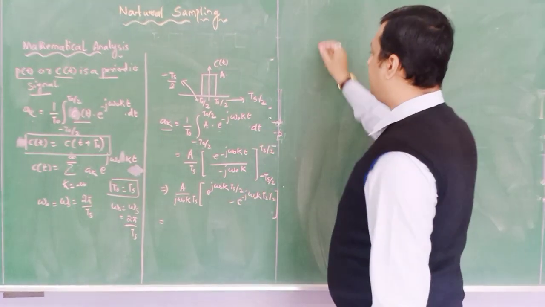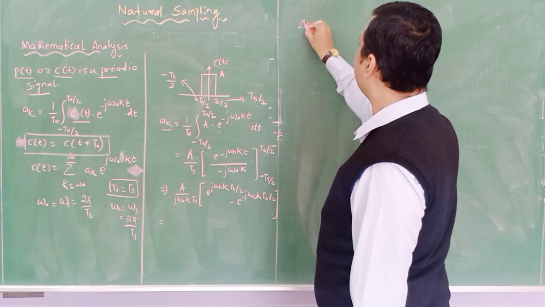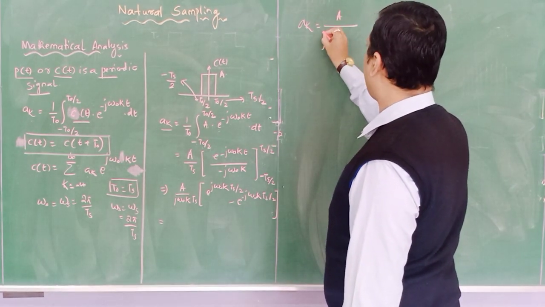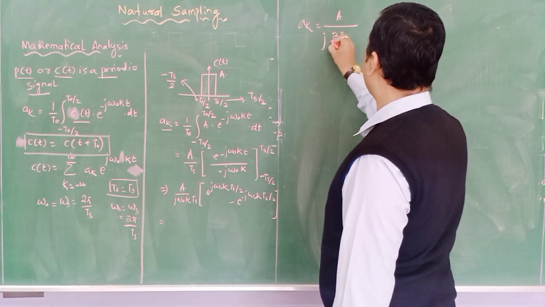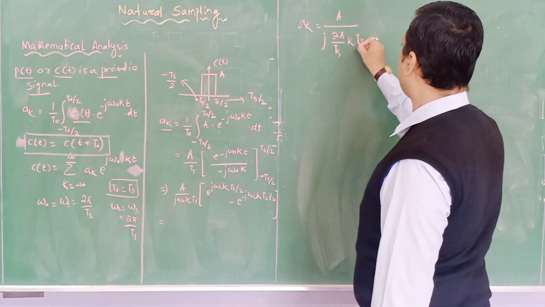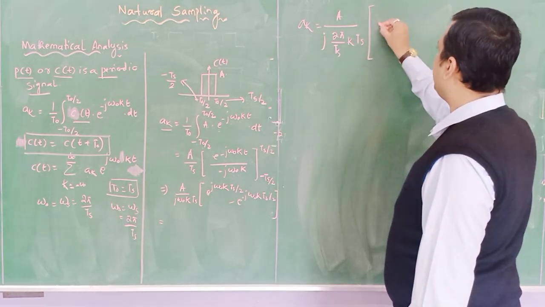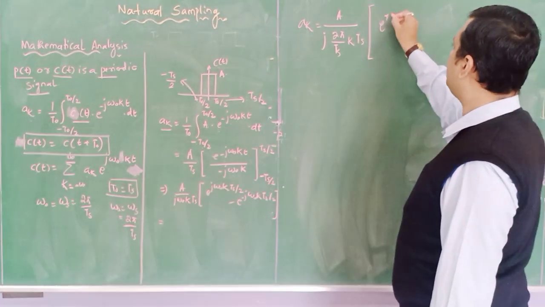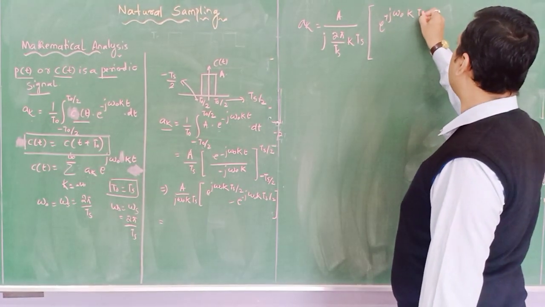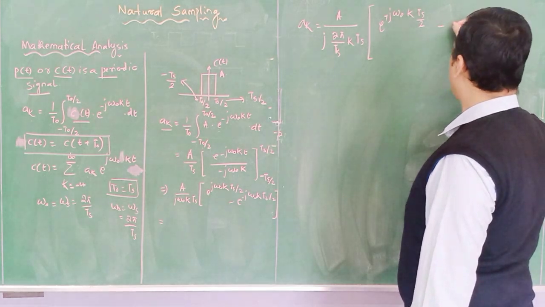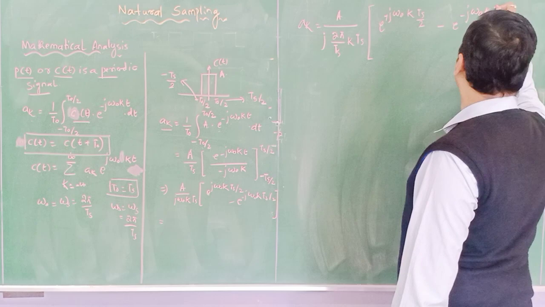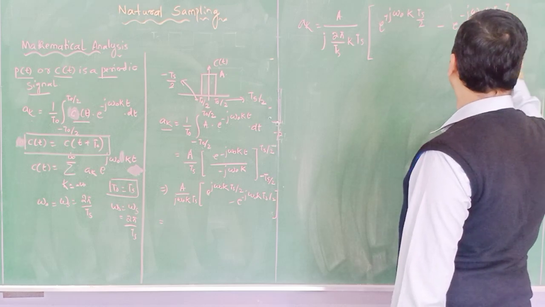I will expand this. So ak is equal to A divided by j, with omega naught being 2 pi by ts, replaced, times k into ts. Okay. e to the power plus j omega naught k ts divided by 2 minus e to the power minus j omega naught k ts by 2.